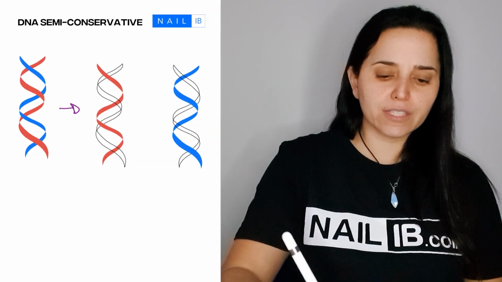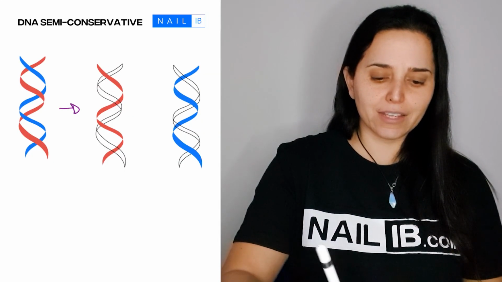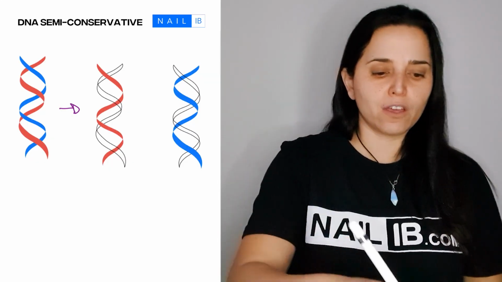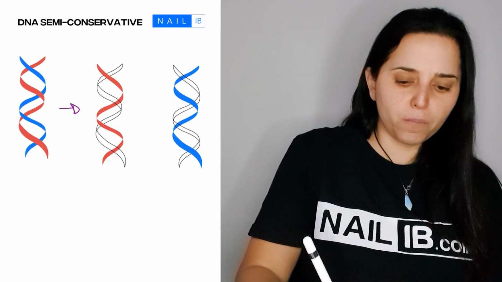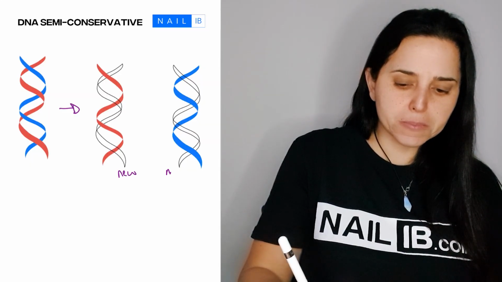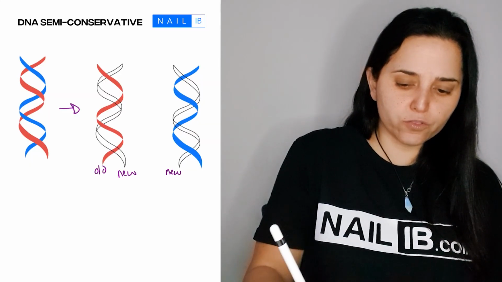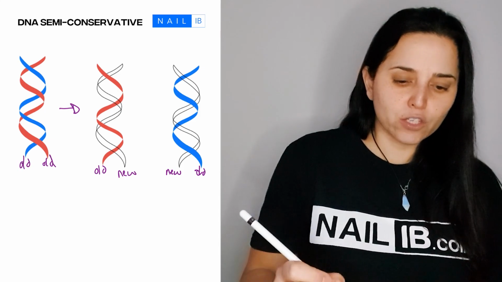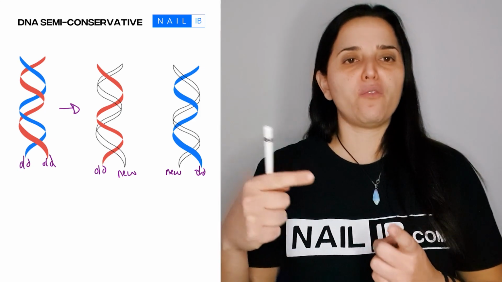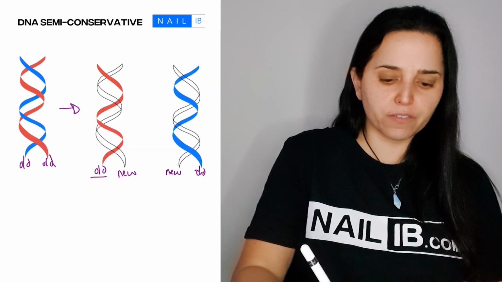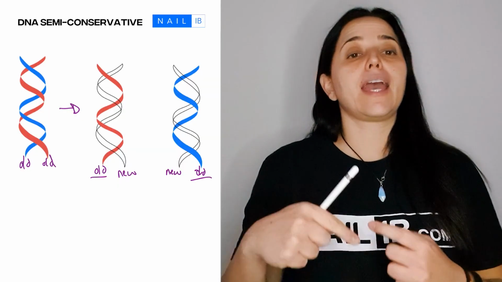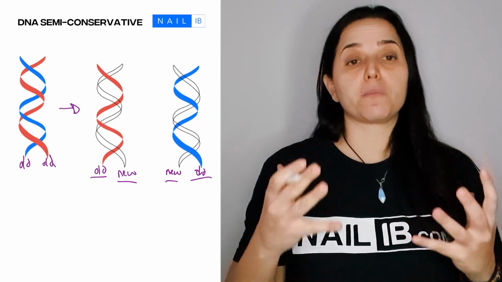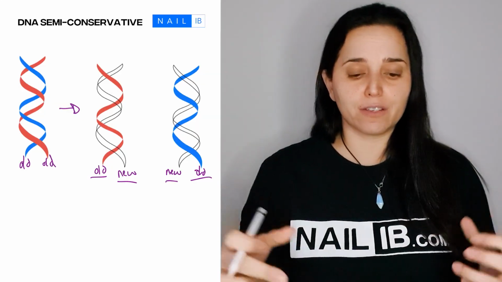That's why you can see here that the transparent or white line is a completely new strand, and these are the old strands because they're coming from the old DNA. So that's where the semi comes from, halfway conservative. The halfway conservative is the old that is still here, and the other half that is supposed to be new will be the new strands. That's why DNA replication is known as semi-conservative.